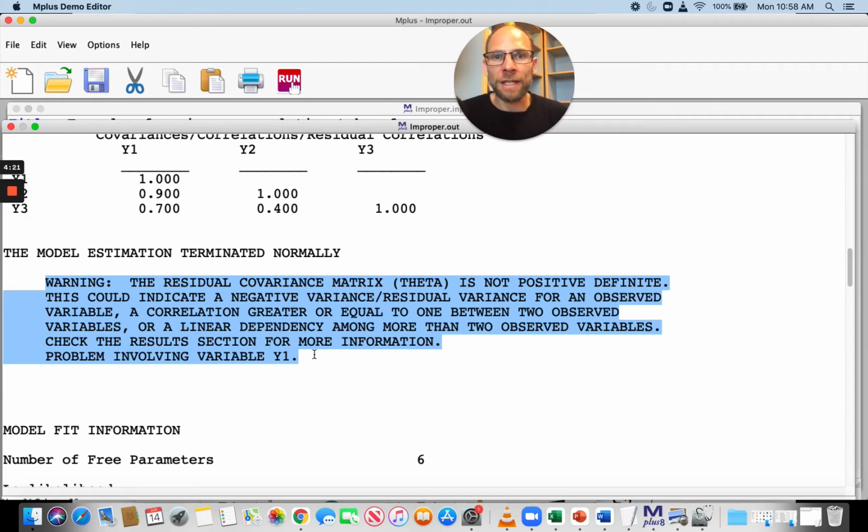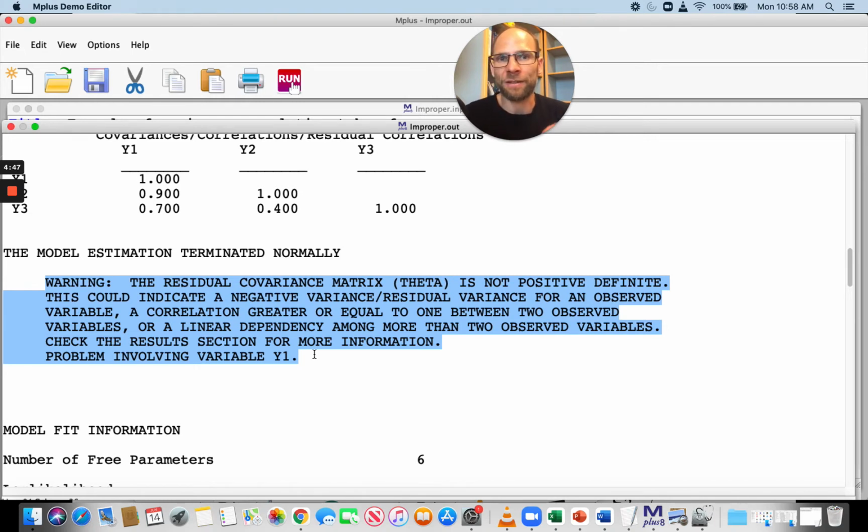Typically when you get this message in Mplus, it almost always means you have a negative residual variance estimate. So the error variance for an indicator, or for more than one indicator, is estimated to be 0 or negative. Especially when it's negative, that is not meaningful, because variances by definition cannot be negative.